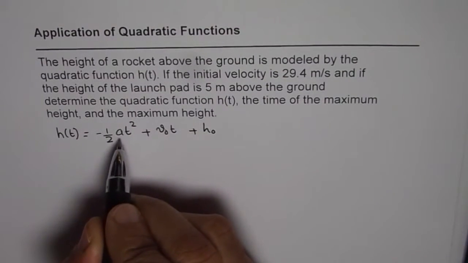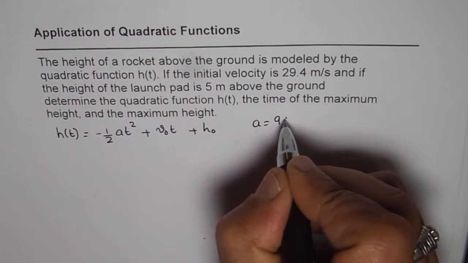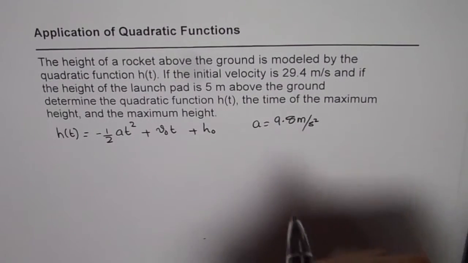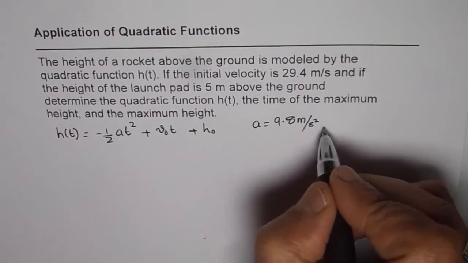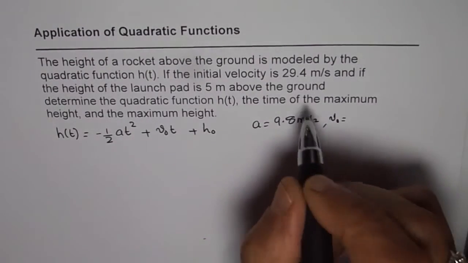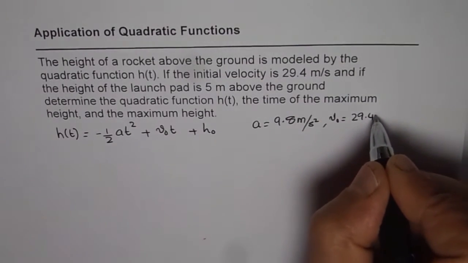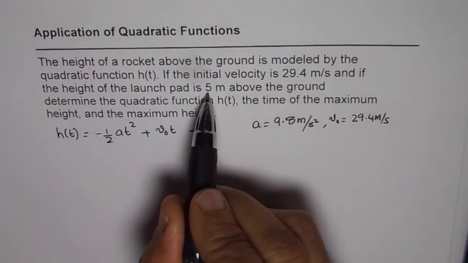Now a is acceleration due to gravity, so a is 9.8 meters per second square. We are doing it in meters per second square. V0 is the initial velocity, which is given to us as 29.4 meters per second, right? And h0 is the initial height, which is 5 meters.